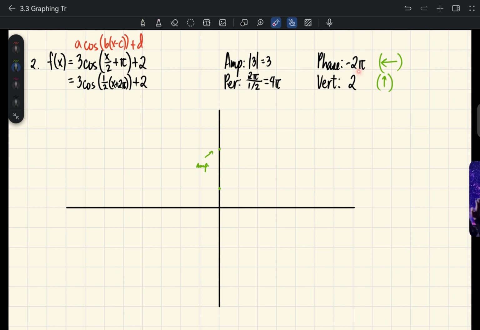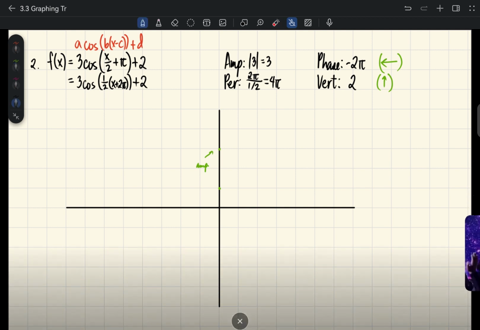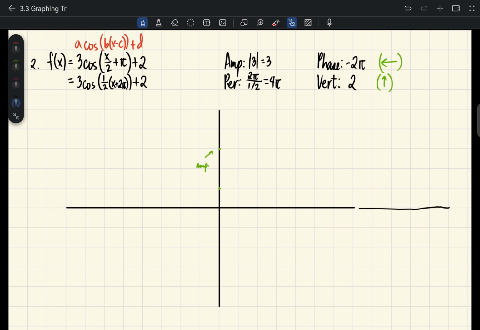First, we have to move 2 pi units to the right. So, since we don't have enough space, maybe I can just say that this one is of length pi and this one is of length 1, I guess. So let's move 2 pi units to the right.